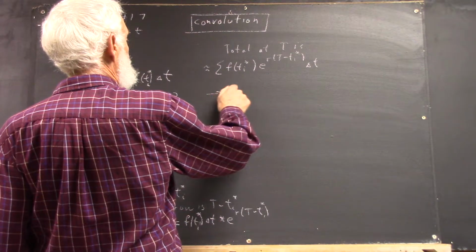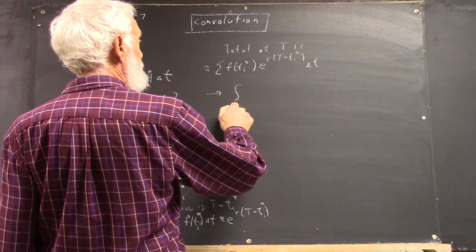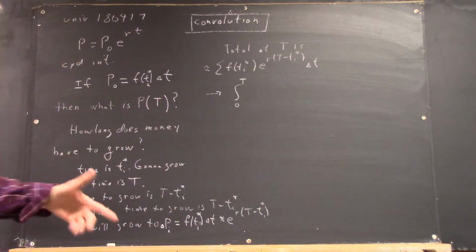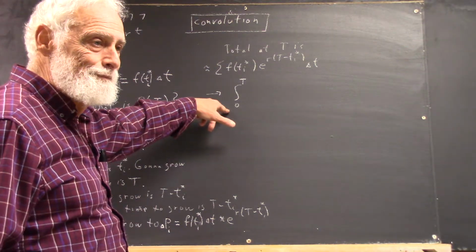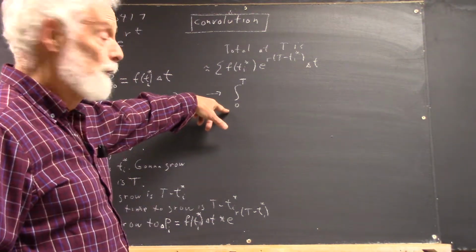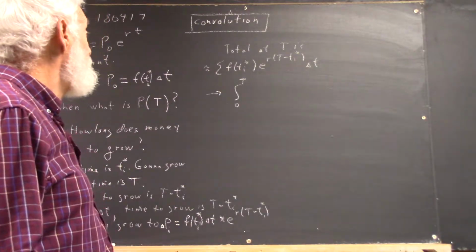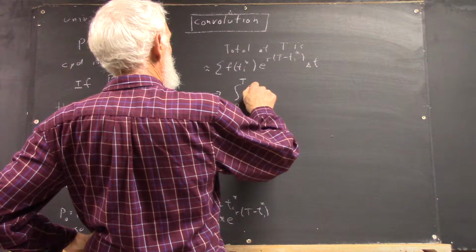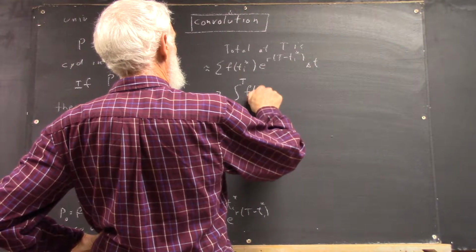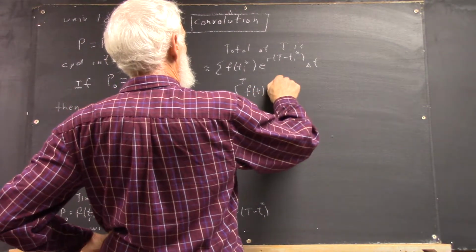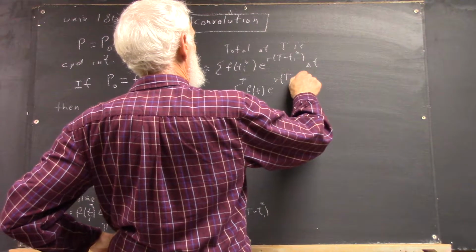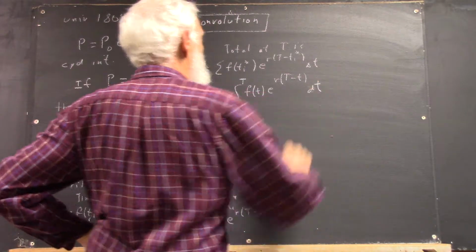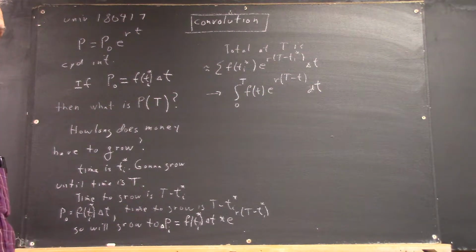And this approaches then the integral from 0 to big T, implicitly assuming that we start at time 0, right? Of this. Okay?